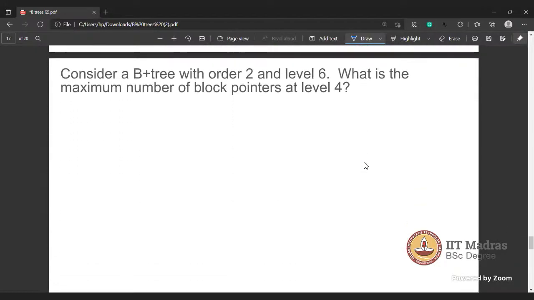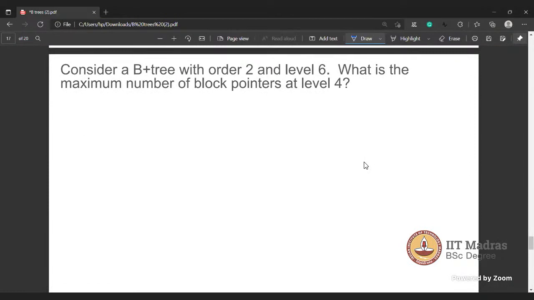Consider a B plus tree with order 2 and level 6. What is the maximum number of block pointers at level 4? This is a very important question. So I will wait 2-3 more minutes. After that we can discuss.